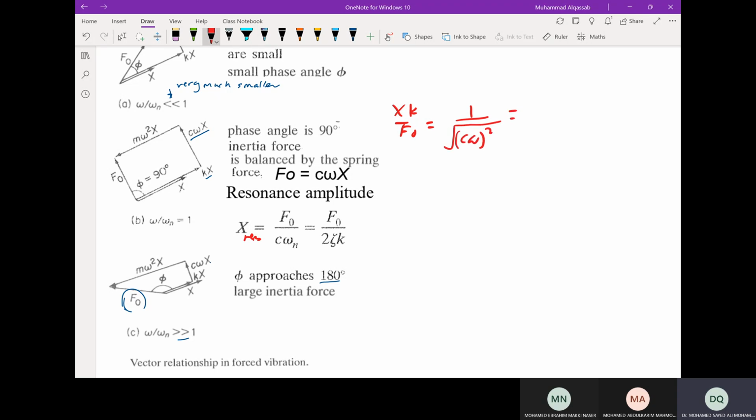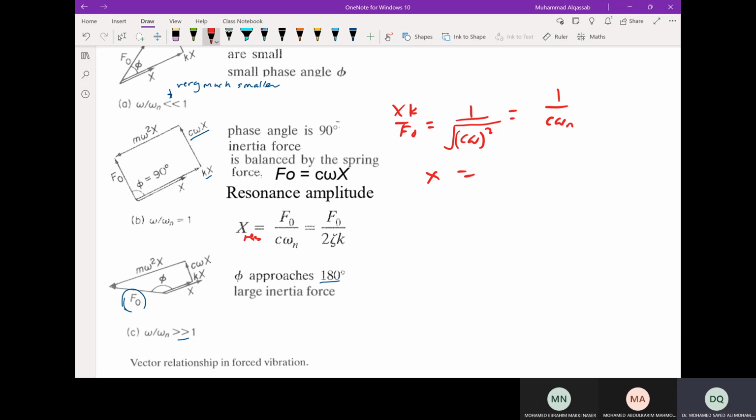We take it outside the square root, and it becomes 1 over C omega. And X equals F naught over C omega.